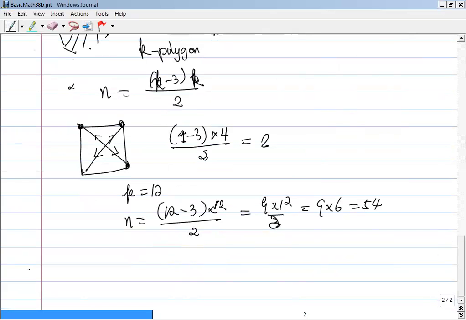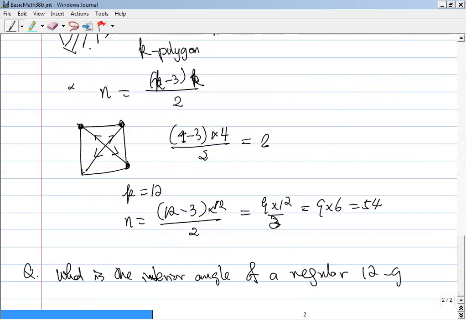My question here is, what is the interior angle of a regular 12-gon?